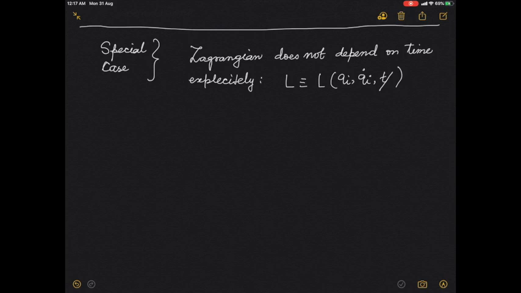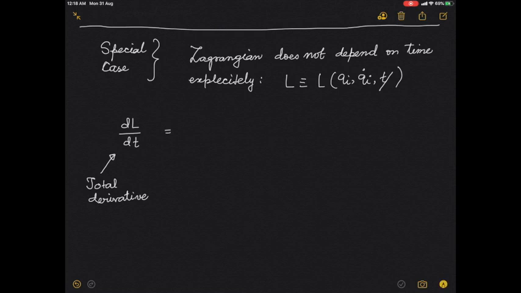Now in general, how do I write dL/dt? This is a total derivative, which means how L changes with time.